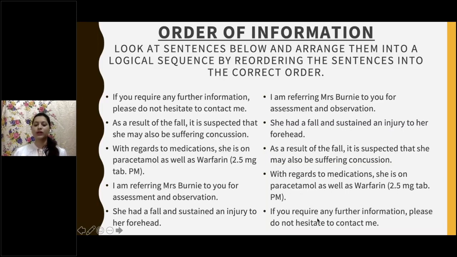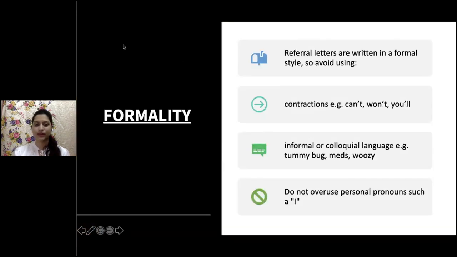And in the end, if you require any further information, please do not hesitate to contact me. I hope everybody got that right. Even if you didn't, by the end of this webinar, you will know how to organize your letter. All right, let me just do a quick check if everybody can see the PPT and if I'm audible.